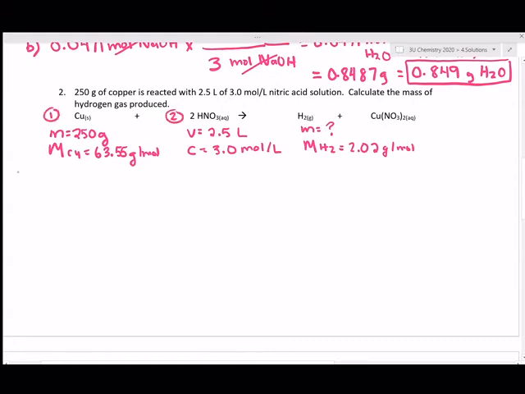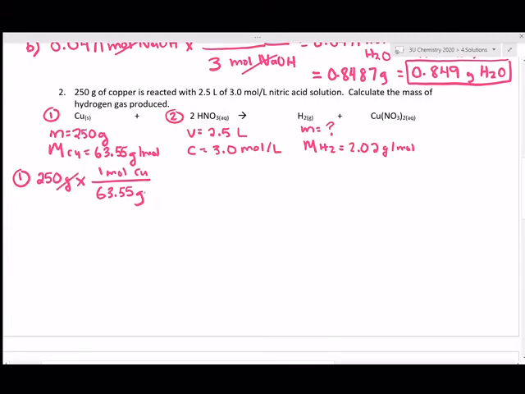Okay, so we're going to start with copper. I've got 250 grams, and I've got a molar mass, which I'm going to put the mass on the bottom to get rid of it. 1 mole of copper. Now I'm going to do this one where we just don't do the answers as we go. We just keep putting the conversion factors that we're going to use.